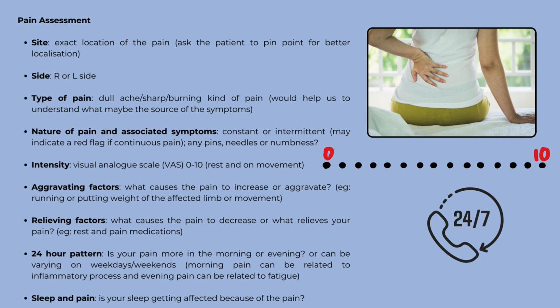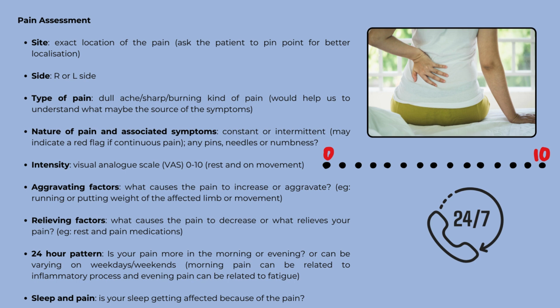And then for the visual analog scale, you can just draw from 0 to 10, where 0 means no pain, 10 is the maximum pain. How would you rate your pain now, at rest? So a good thing is to have two values, two numbers, one at rest and the other on movement.